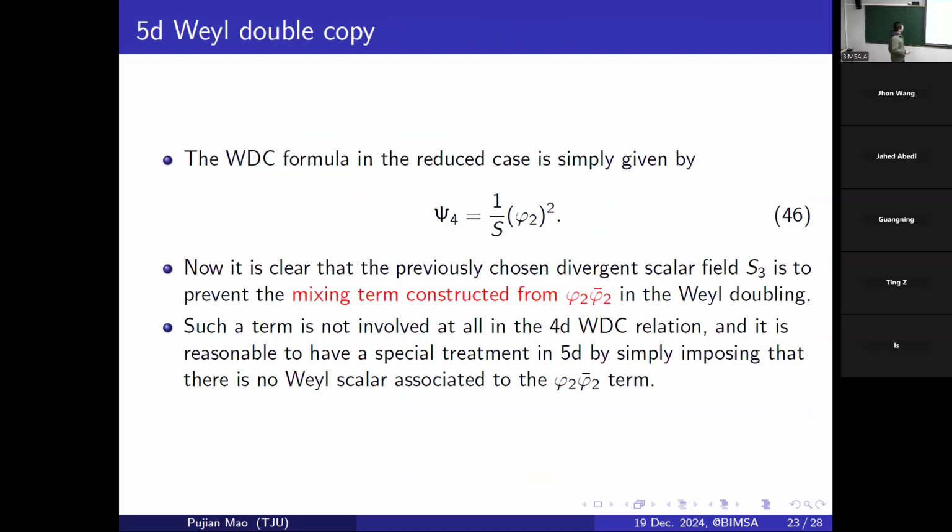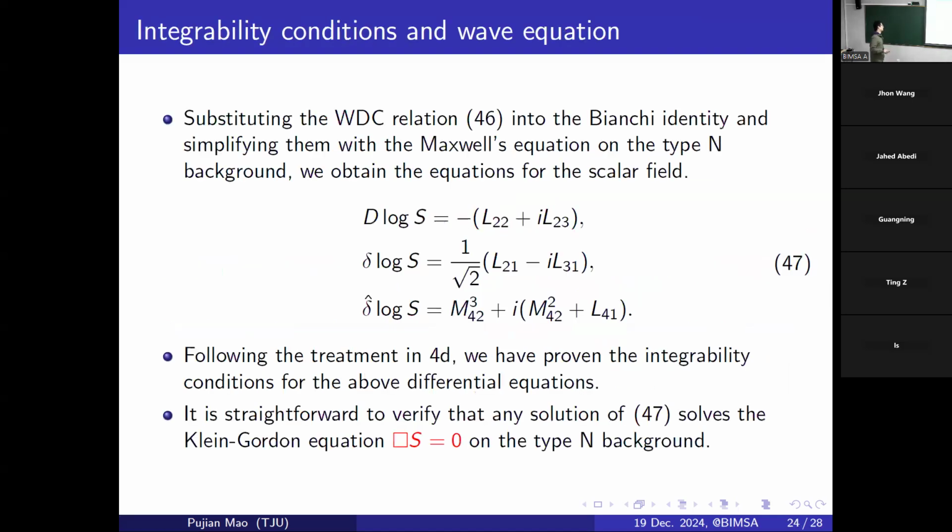And then the 5D Weyl double copy is simply this. We somehow repeat the 4D case. We recover the equations for the scalar fields. Now it's 5D relations. You have three equations, and corresponding to the integrability conditions you need to verify there are three groups, not only one group.